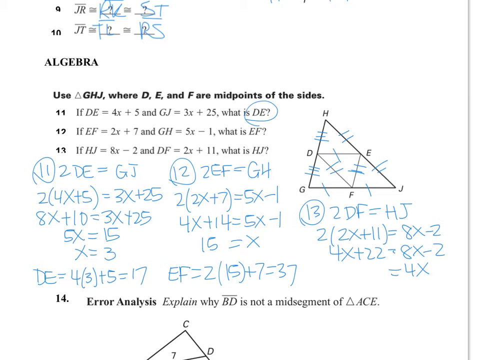Solve. And it's asking for HJ, which will be, move it up here, which is 48 minus 2, 46.